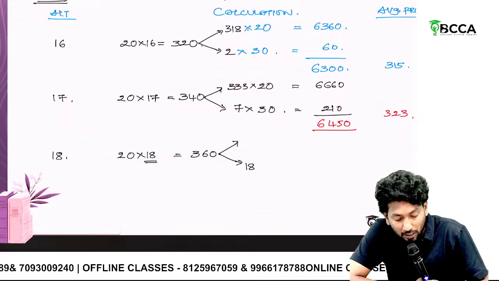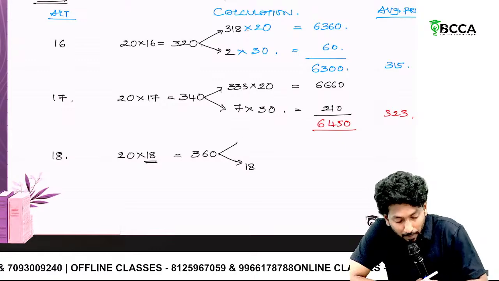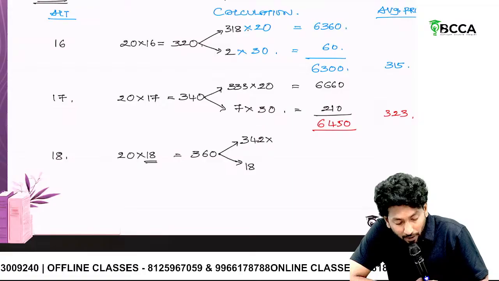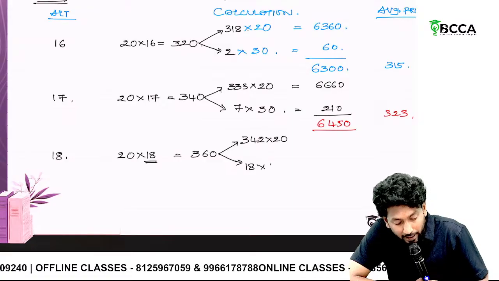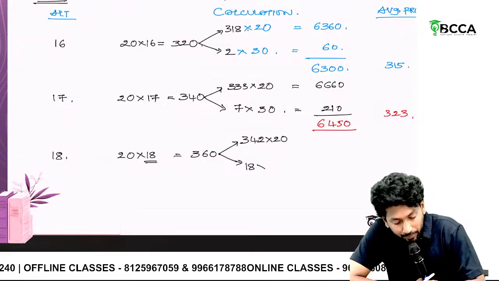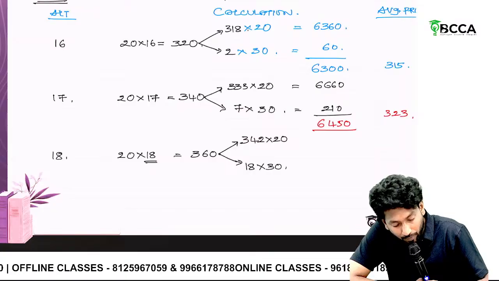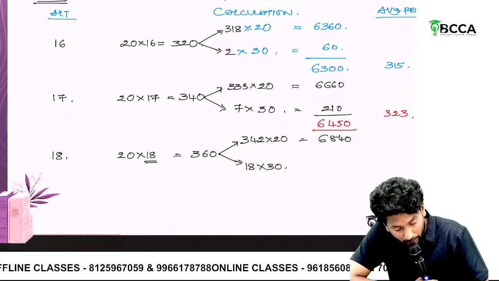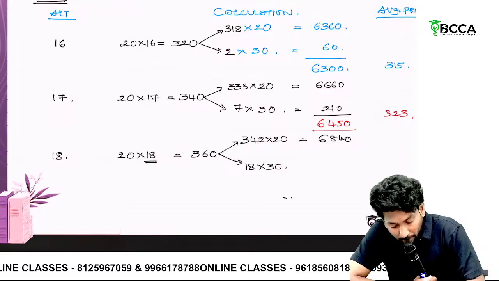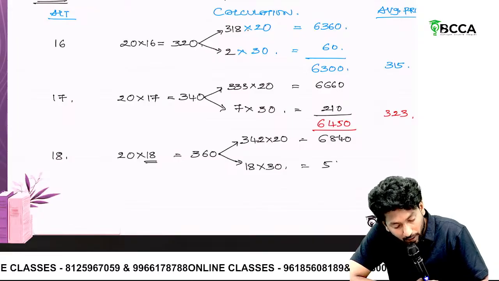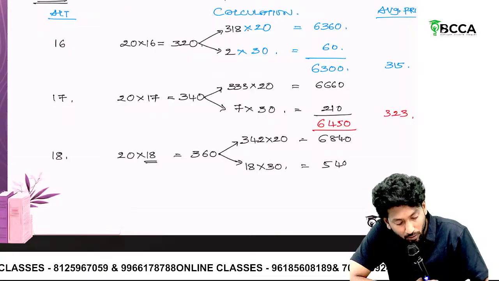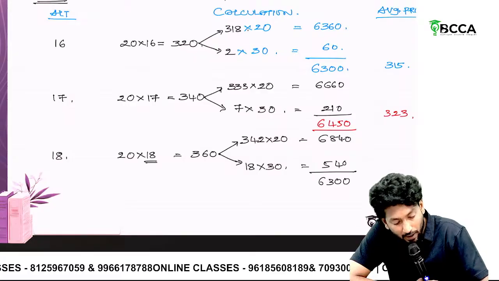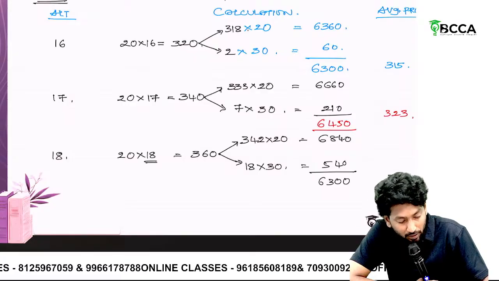That means sold books are 342. 342 into 20, 18 into 30. 6,840 minus 540 is 6,300. So net profit is 6,300, and average profit, already calculated, is 315.